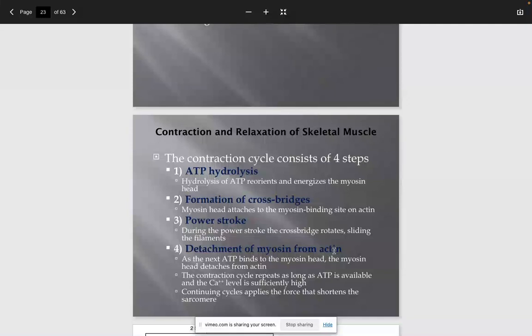And then we're going to have ATP move into this new myosin binding site on the myosin head. The myosin head will detach from actin, causing a relaxation. Again, we can continue to contract as long as we have sufficient amounts of calcium and ATP. So those are the 2 important things that we have to have. Again, we have to have calcium release from the sarcoplasmic reticulum in order to jumpstart this whole process.